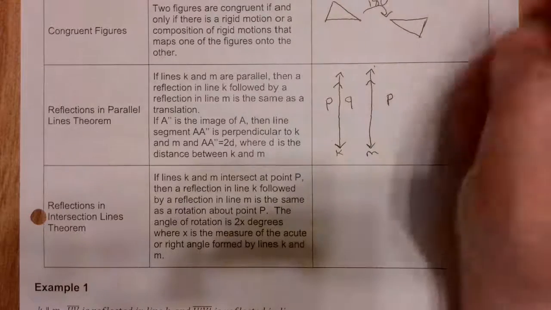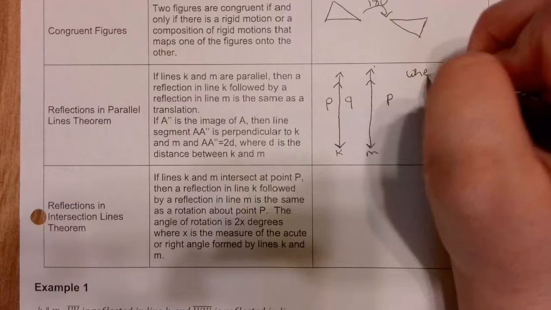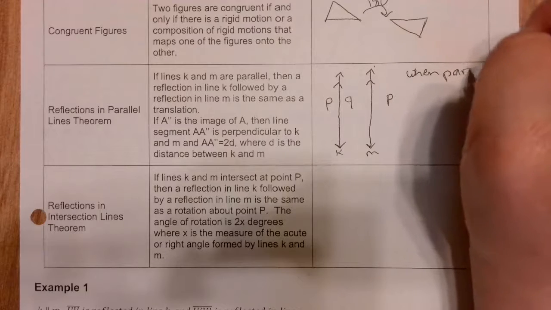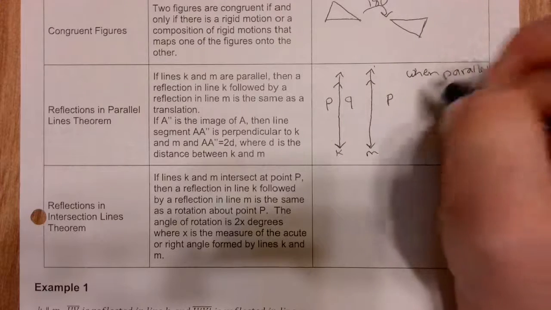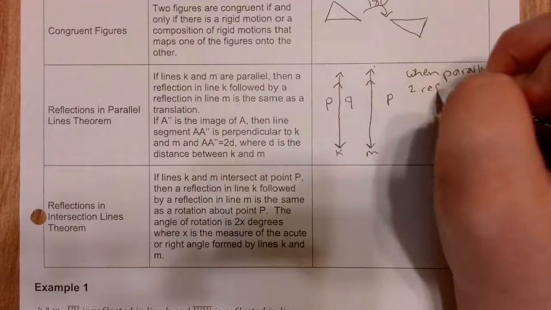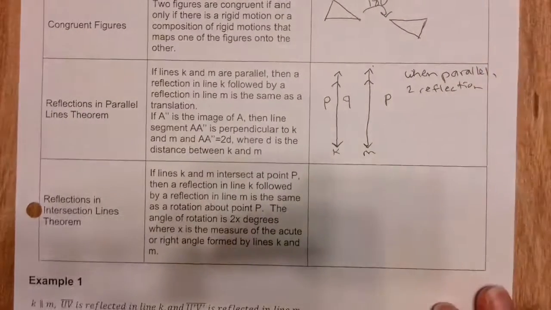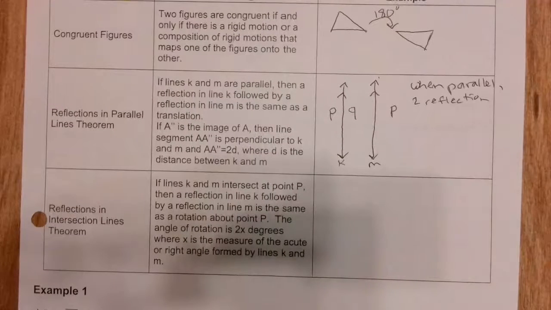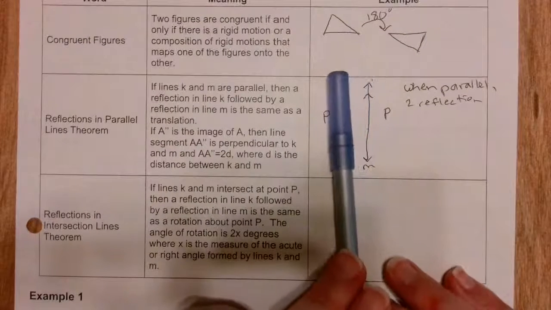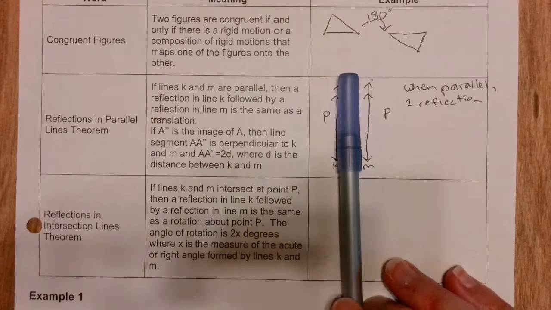So when they are parallel, the two reflections, actually, it's kind of too much work to do two reflections. If we totally ignored that middle P, what would you think this was? A translation, a reflection, or a rotation?